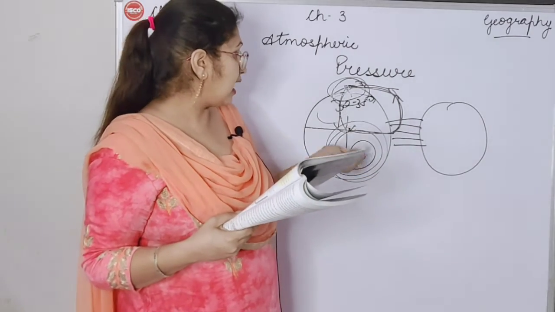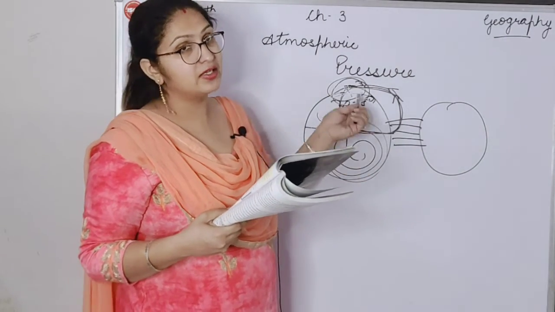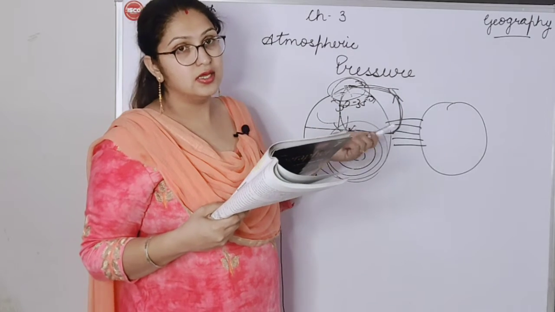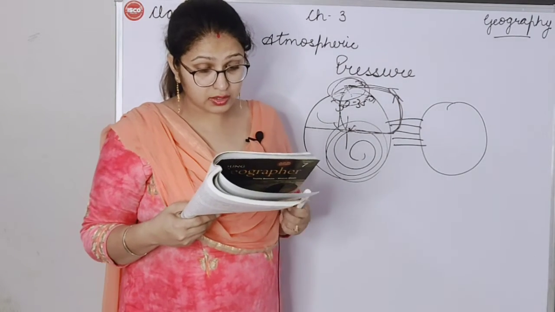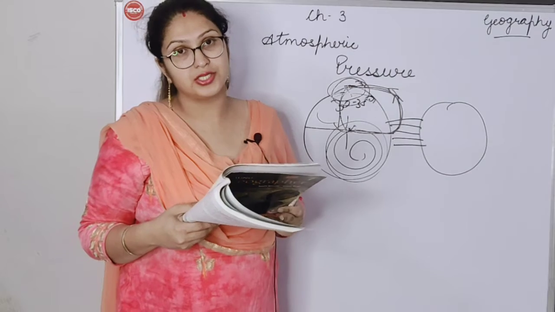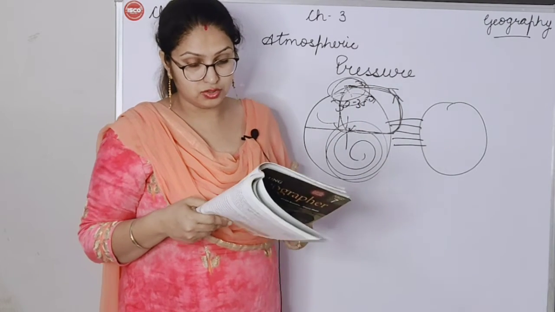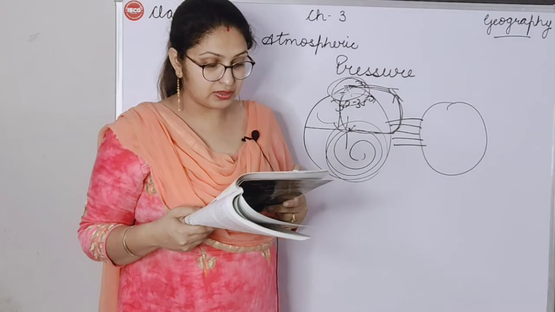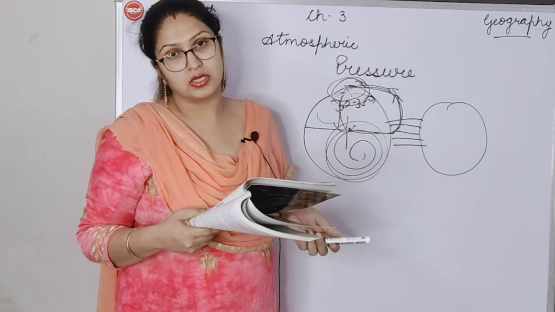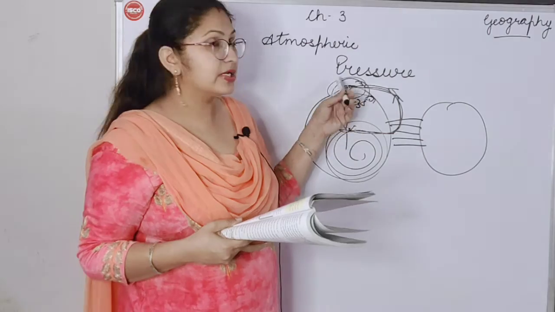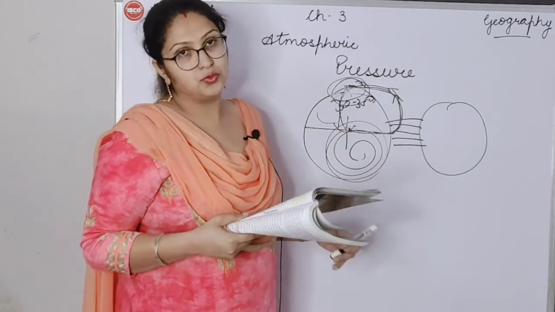Where the temperature is high, that is a low pressure area. Where the temperature is low, there is a high pressure area. This phenomenon is called the shifting of the pressure belts. So as the season shifts, the pressure belts also shift. There is more of a shift in the northern hemisphere as compared to the southern hemisphere. So on the north side the shift is more than on the south side.